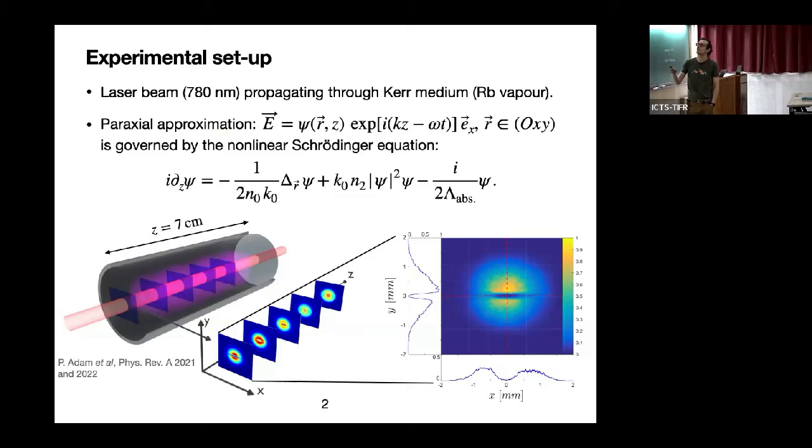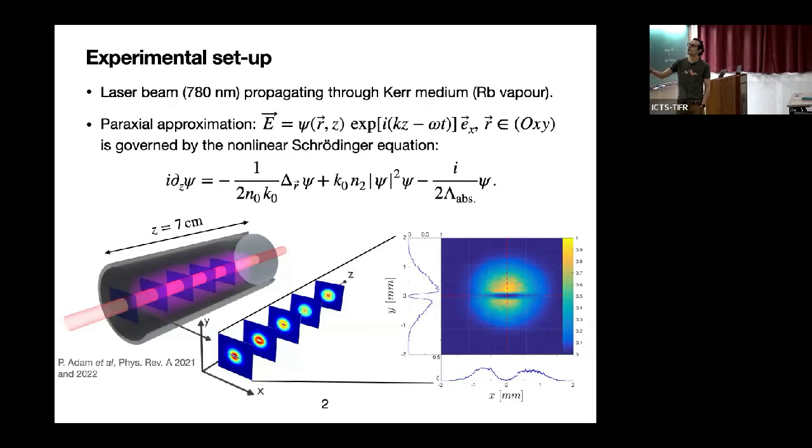But what is important is the effect of the atomic vapor on the electric field. And if you do the paraxial approximation, so here I'm separating the electric field into an envelope and a carrier wave, you can write a nonlinear Schrödinger equation. So I'm using this terminology, nonlinear Schrödinger equation or Gross-Pitaevskii equation for me are the same here.